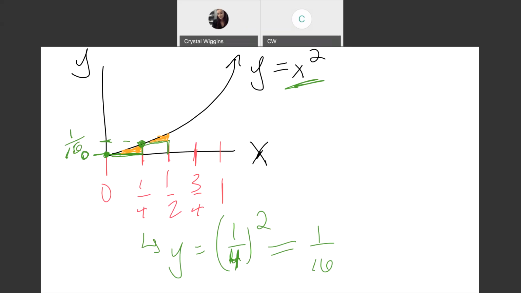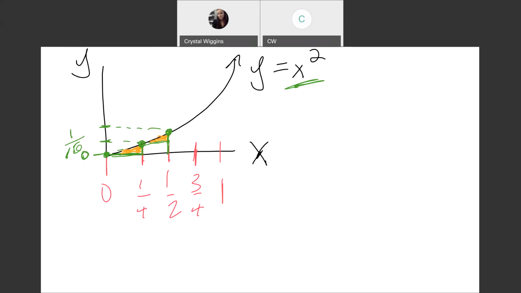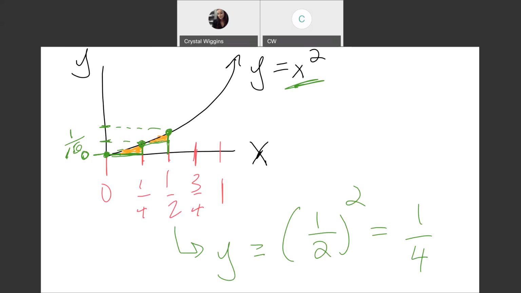The next rectangle, we use the x value of 1/2, and we have to find the y value at 1/2. Now we've already found these y values, but they're for different reasons now. Okay, so now my height is found by y equals 1/2 squared, which gives us 1/4. So the height of my third rectangle is 1/4.